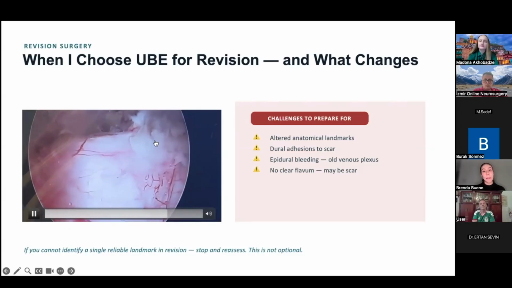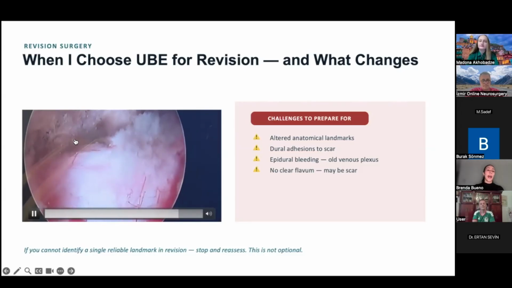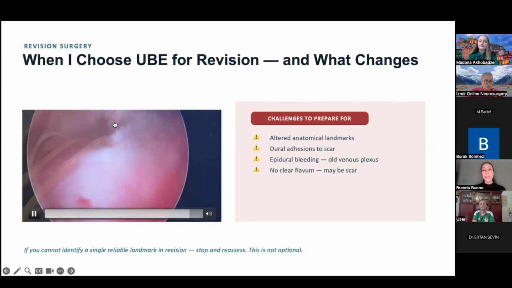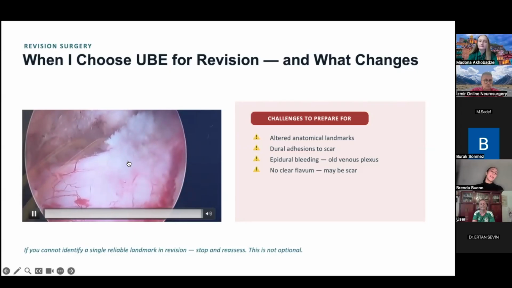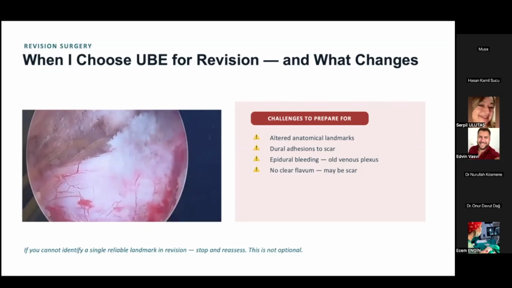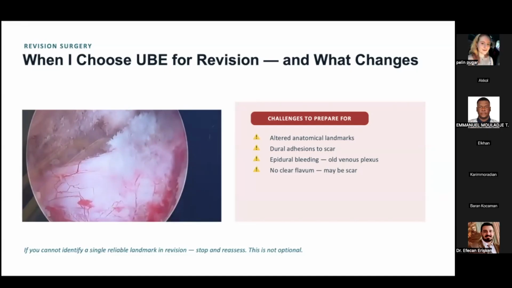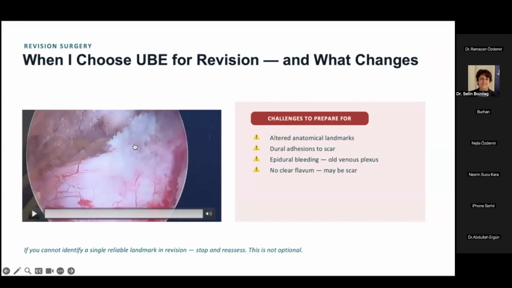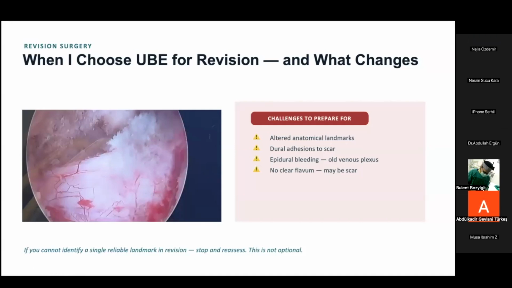Like you can see here, I decided not to remove all the scar because there was a dural adhesion. I did a very extensive decompression in this patient and decided to leave this scar here because a dural tear would be a complication, and with the good decompression this adhesion doesn't matter.